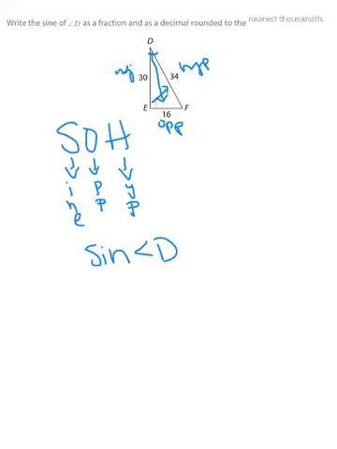So if I'm talking about sine of angle D, then I'm looking at opposite over hypotenuse, which in this case for us is 16 over 34. So if I plug 16 over 34 into the calculator, it comes up as 0.470588 and a whole bunch of other numbers after that.